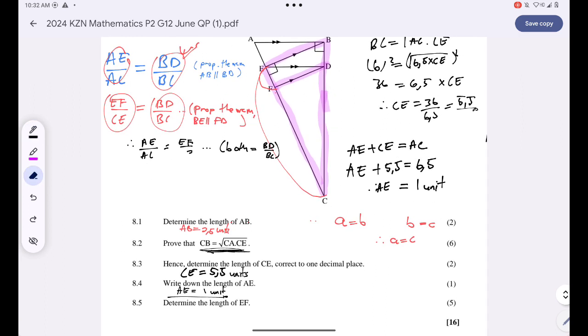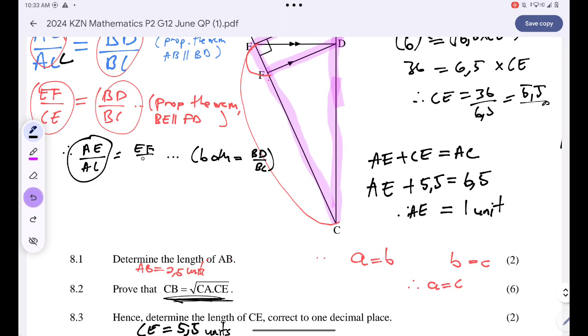Please, guys, do check this properly. That's not CF. It's AE all over AC, right? I've written it properly there. Excuse me, guys, my handwriting is so horrible. It's EF over CE, not CF. It's EF over CE.